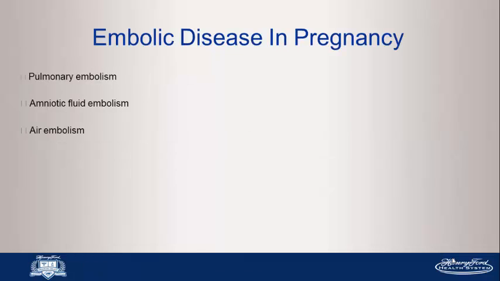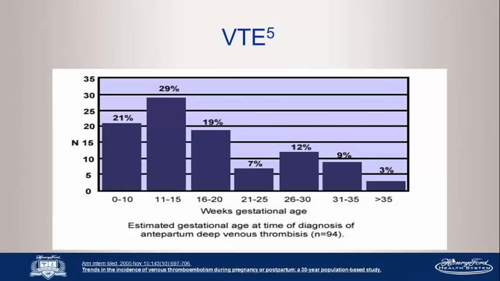All right, switching gears here and talking about embolic disease in pregnancy. We'll talk about pulmonary embolism and DVT, amniotic fluid embolism, and air embolism. This is a study that was done over 30 years looking at DVT and PE in pregnancy, trying to understand the incidence and relative risk.